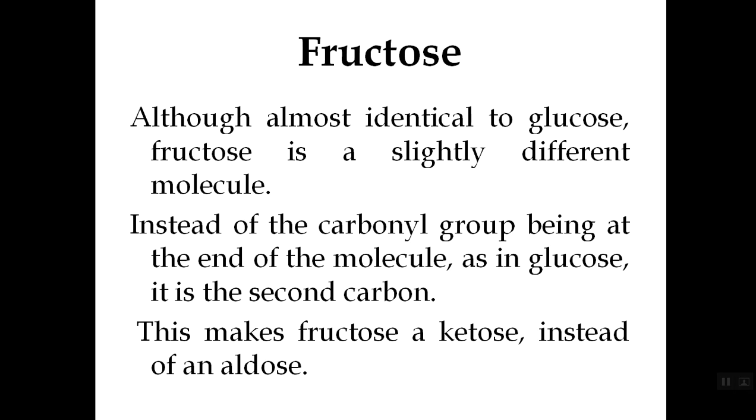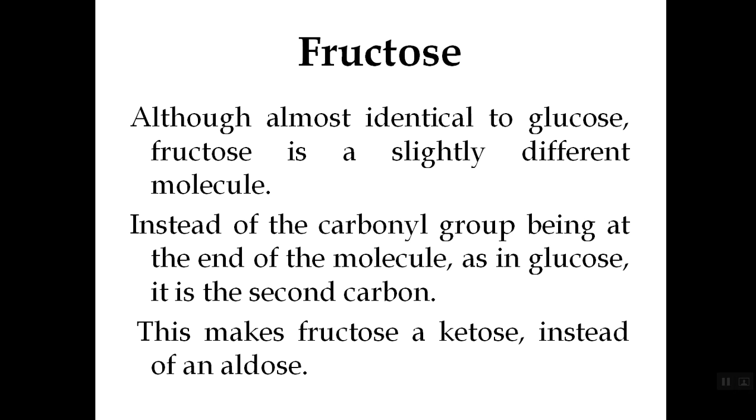Fructose, although it has a structure almost identical to glucose, is a slightly different molecule. Instead of the carbonyl group being at the end of the molecule, as in the rule of the Fischer projection, in fructose, the carbonyl group is placed at the second carbon atom.